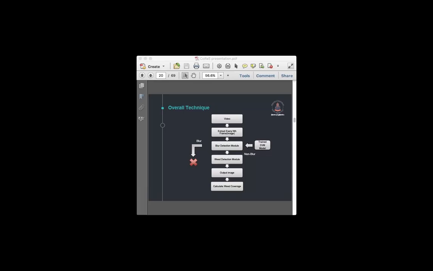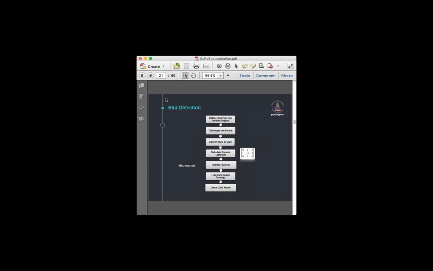We combine the information that we have achieved from different images into one map, and then that map is used to identify the localized weed in the crop. Next slide, please.